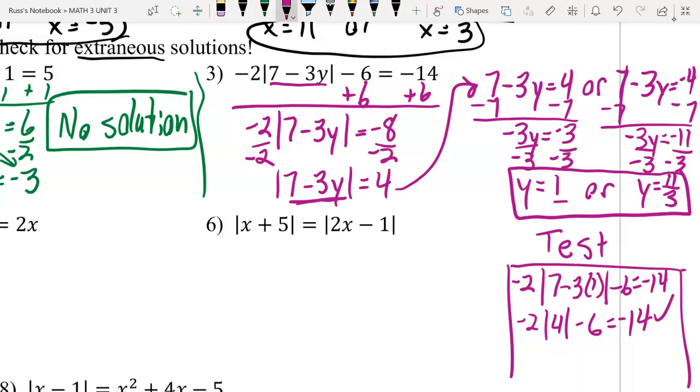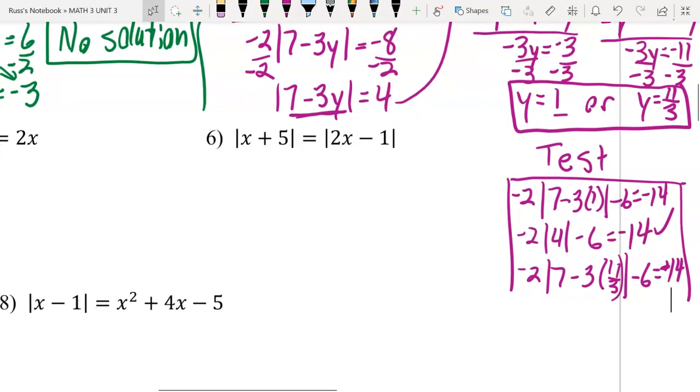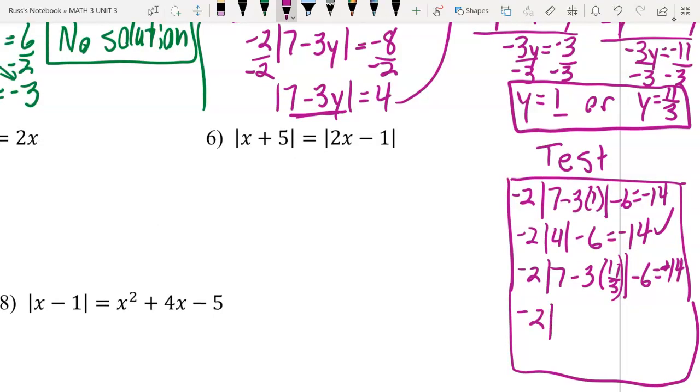Check. If I put 11 thirds in, negative 2, absolute value of 7 minus 3 times 11 thirds, minus 6, equals negative 14. Okay? Well, 3 times 11 thirds is 11, so 7 minus 11 is negative 4.